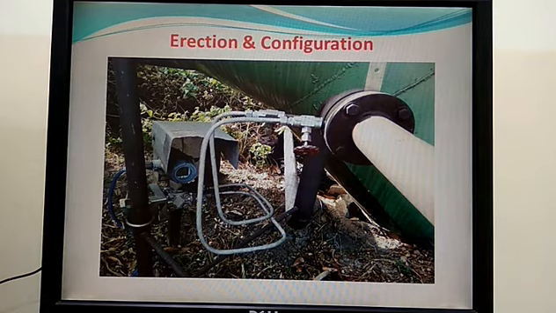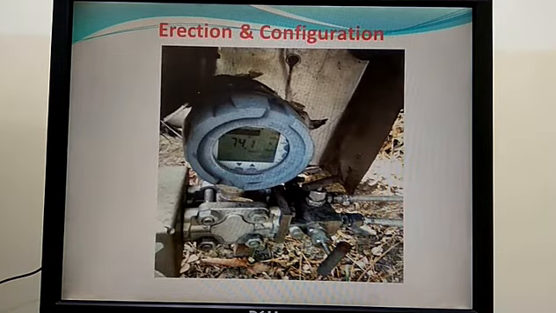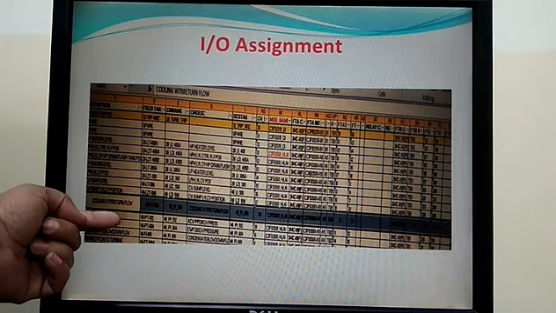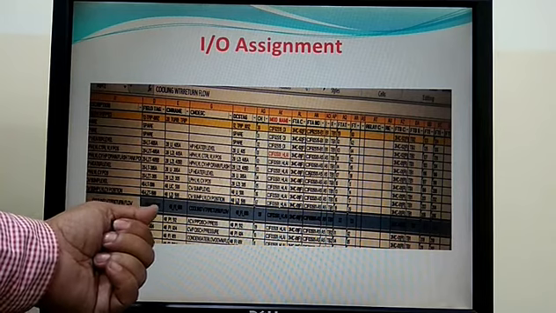Let's move to our next slide. This is the reading of the transmitter. Actually, what is the flow? This is showing the flow value, and this is our IO assignment in our logic controller. The process is cooling water return flow. This is the tag number.